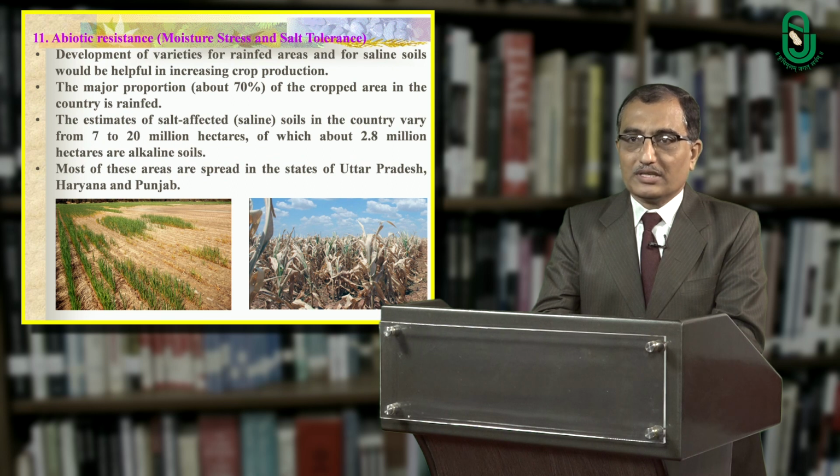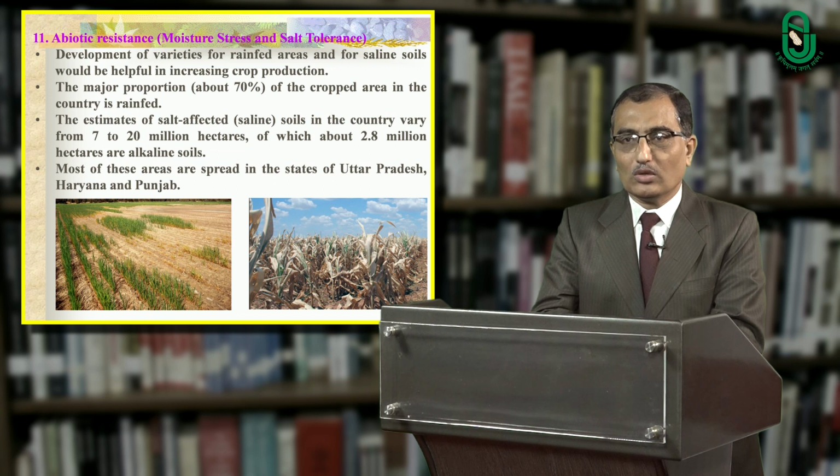Development of abiotic stress, especially moisture stress, salt tolerance and drought resistance varieties is very important in rain-fed areas, and for saline soils also it can be possible to increase crop production. Nowadays you cannot increase the land, but whatever land is available for cultivation can be used to the maximum with the help of abiotic stress tolerant varieties.